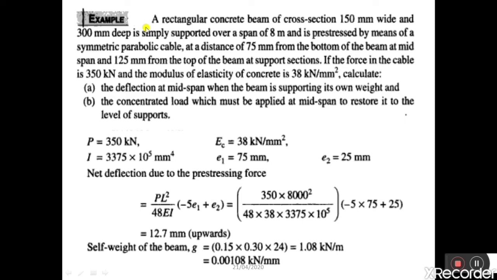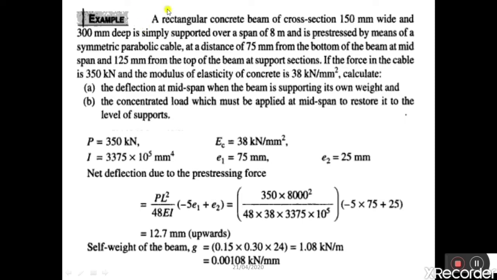If the force in the cable is 350 kN and the modulus of elasticity of concrete is 38 kN per mm square, calculate the deflection at midspan when the beam is supporting its own weight, and second case is the concentrated load which must be applied at midspan to restore it to level of supports.